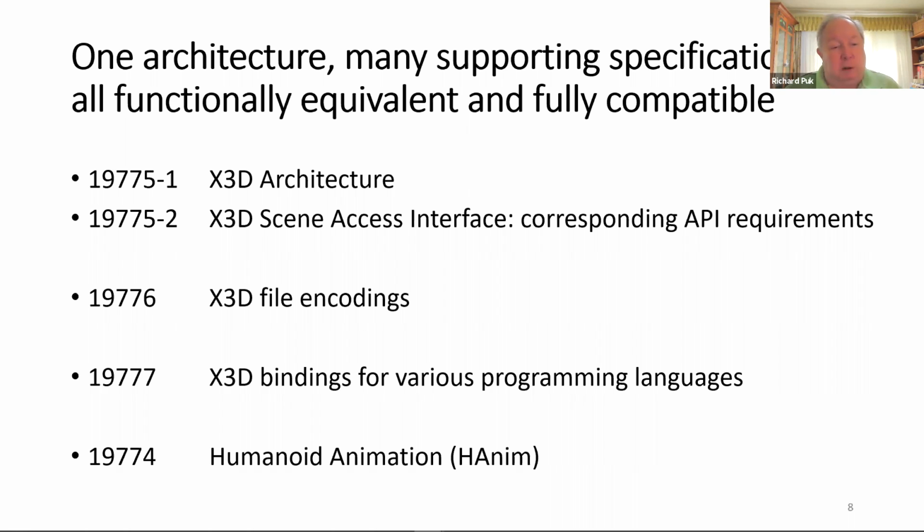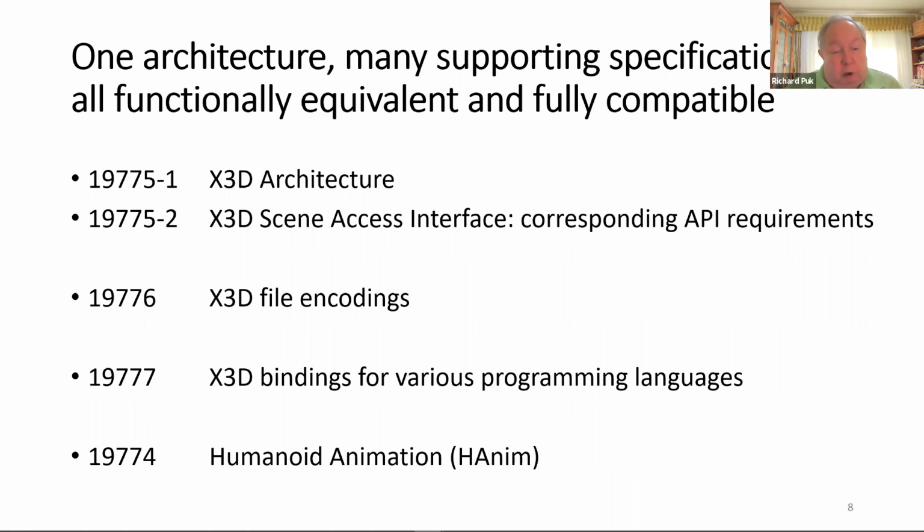And typically the part 1 of 19775, which is the X3D architecture, the abstract specification and definition of the scene graph, and then the X3D scene access interface allows you to interact with the scene graph. 19776 are the file encodings.